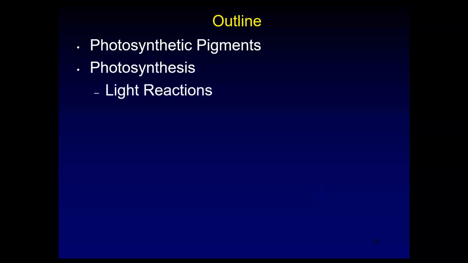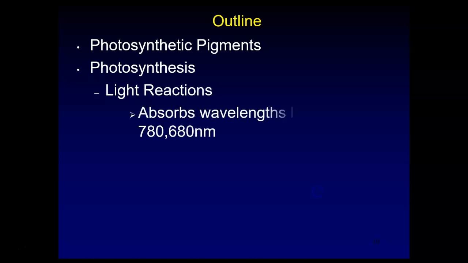So, photosynthetic pigment, the only one that we're going to talk about is chlorophyll. We're not going to get into all the other photosynthetic pigments. We'll talk about 2 reactions: a light dependent or simply light reaction, and then the dark reaction or light independent reaction.